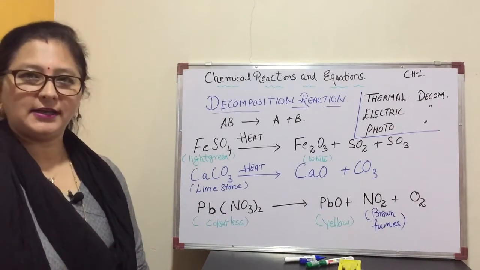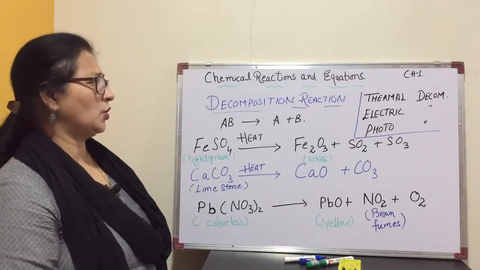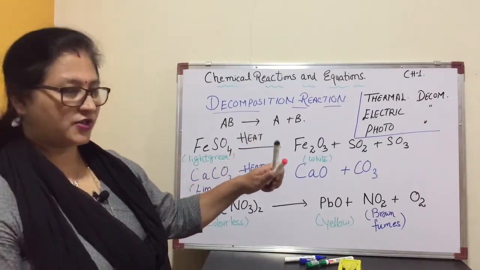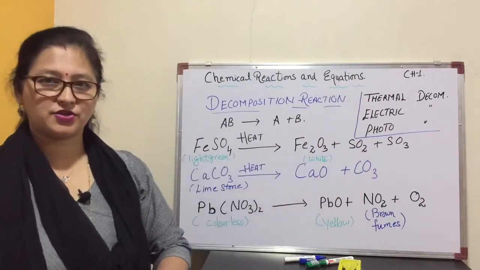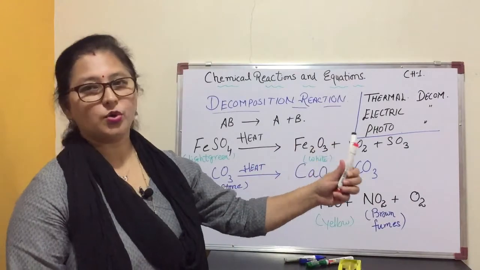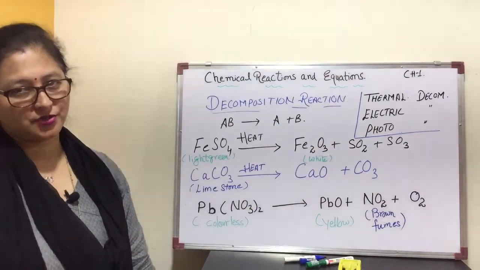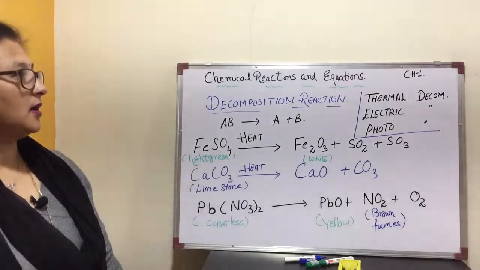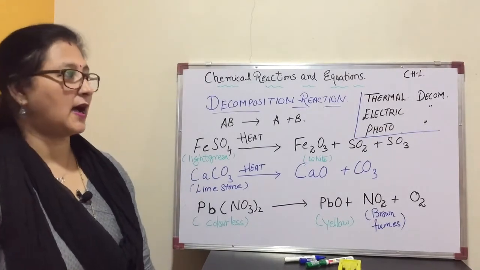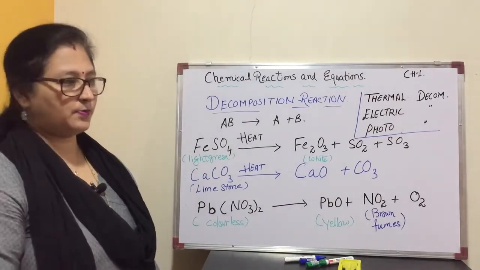Now coming to the decomposition reaction. As we know, we have three types of decomposition reaction: thermal decomposition, electric decomposition, and photo decomposition. We can also say thermolysis, electrolysis, and photolysis respectively.